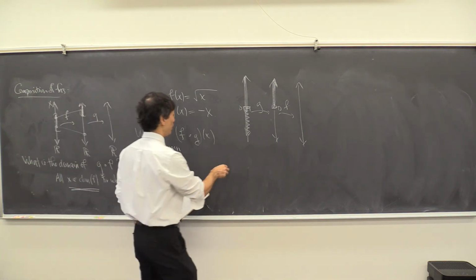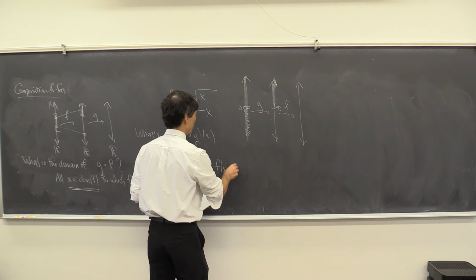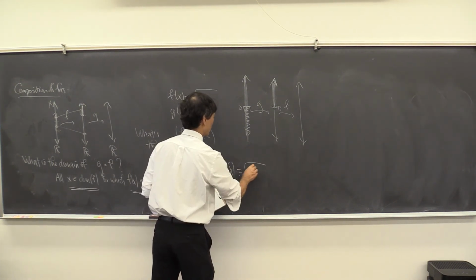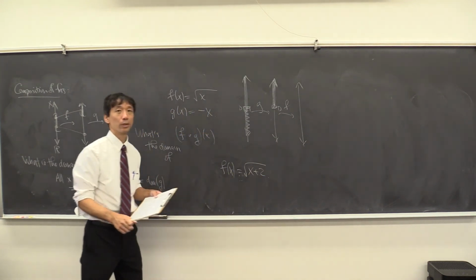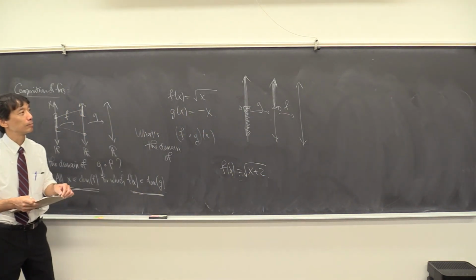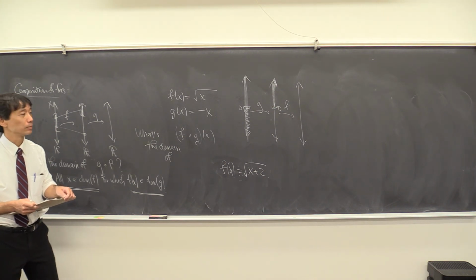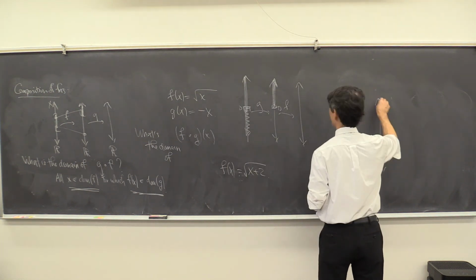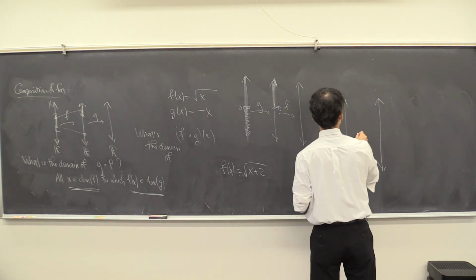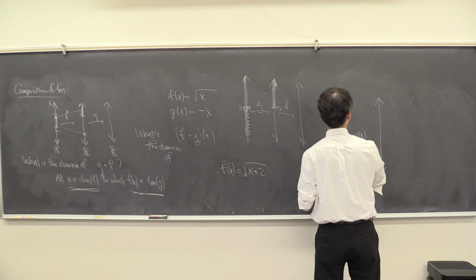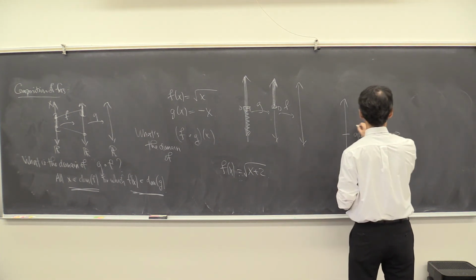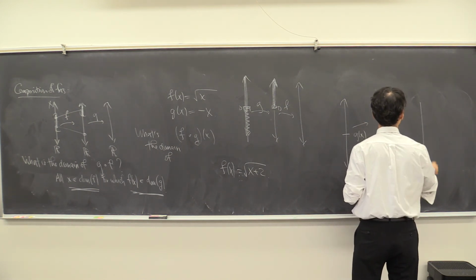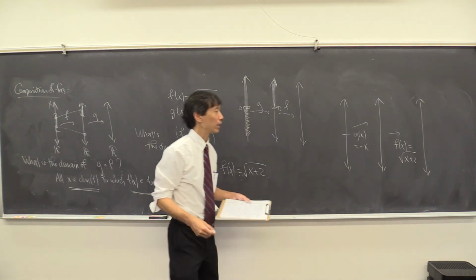Okay. Slightly trickier one. What if f were the square root of x plus 2, but same g? g of x is multiplied by negative 1. f of x is take the square root of x plus 2.